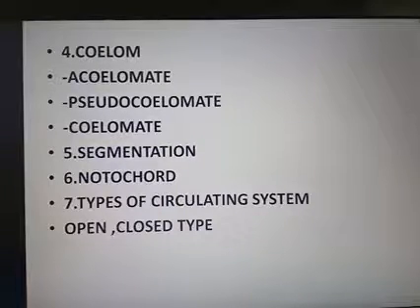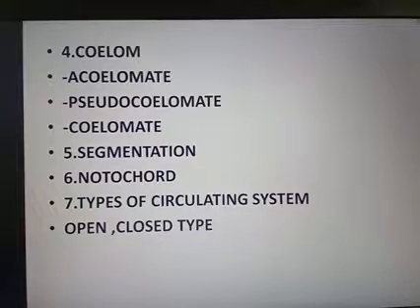Based on the presence or absence of coelom, animals are classified into acoelomate, pseudocoelomate and coelomate. The presence or absence of a cavity between the body wall and the gut wall, the digestive tract, is very important in classification. Animals possessing coelom are known as coelomate.